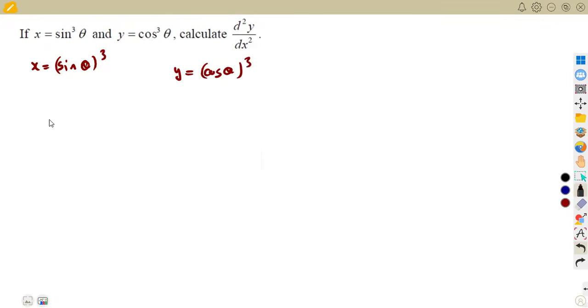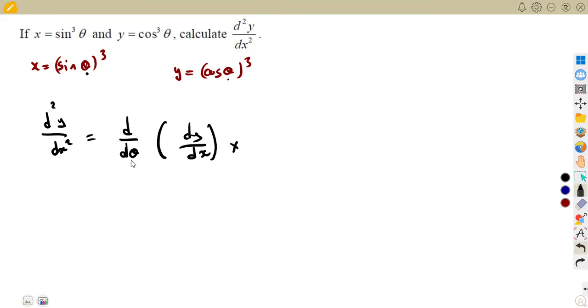So in order for us to have the second derivative of y with respect to x, we said this is going to be d by d theta, the variable that you are given there, of the answer that you calculated, which is dy dx, times, we need to eliminate that theta, so it's d theta over dx. That's it.